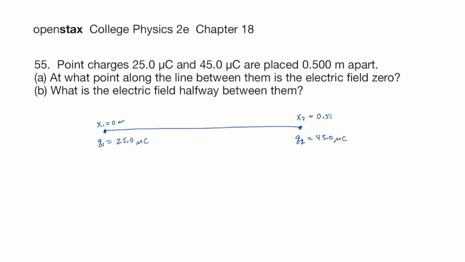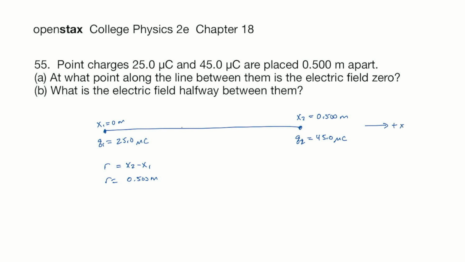X2 is 0.500 meters. The R between the two charges is X2 minus X1, or 0.500 meters. Let's see, we can say to the right is positive X.